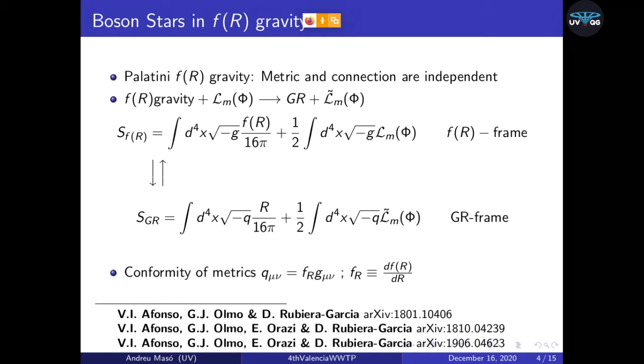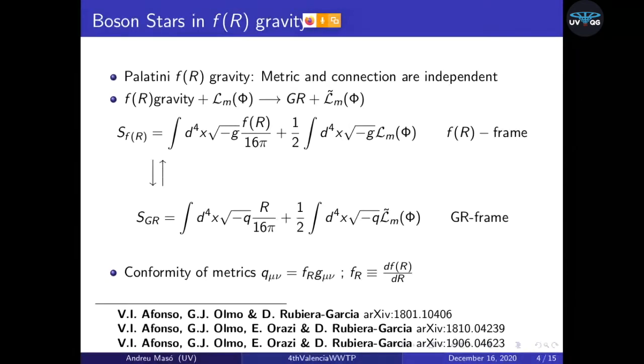Also, this formulation offers the possibility to map the problem of a modified gravity theory minimally coupled to a scalar field into a standard problem in GR minimally coupled to a modified scalar Lagrangian. By this property, we are able to use standard numerical methods to solve this scenario.